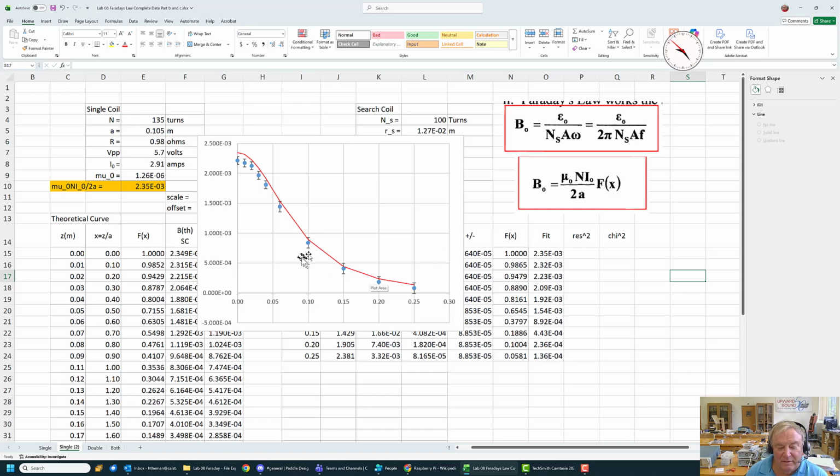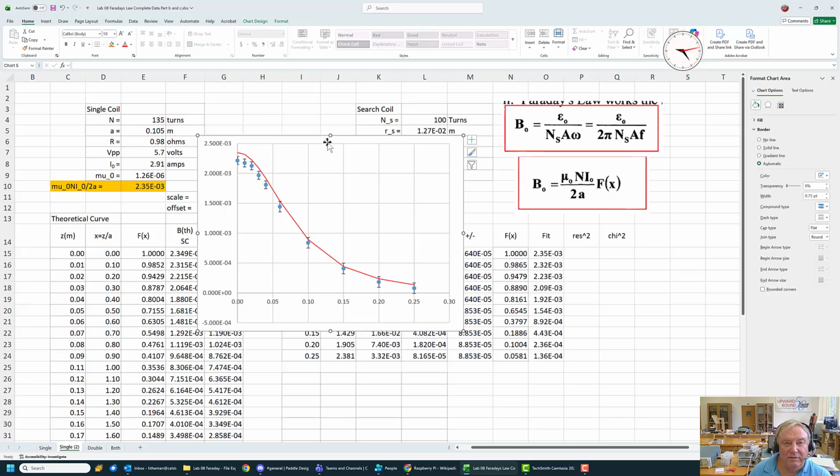Okay, so I notice that it's kind of kinky looking. One could argue that I could use this, but I can only do residuals with data points.